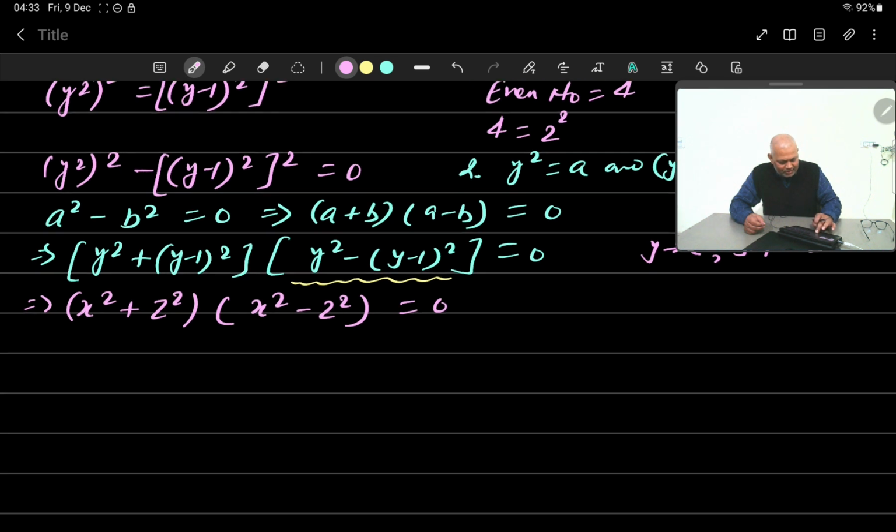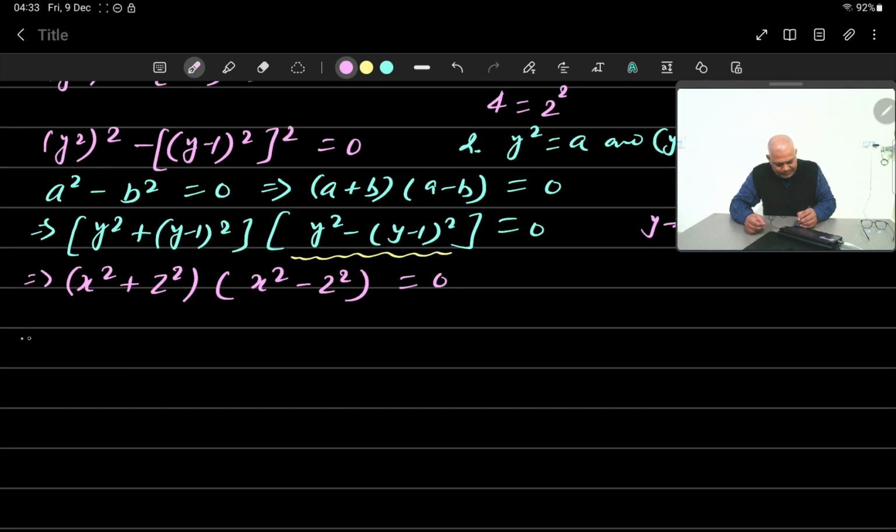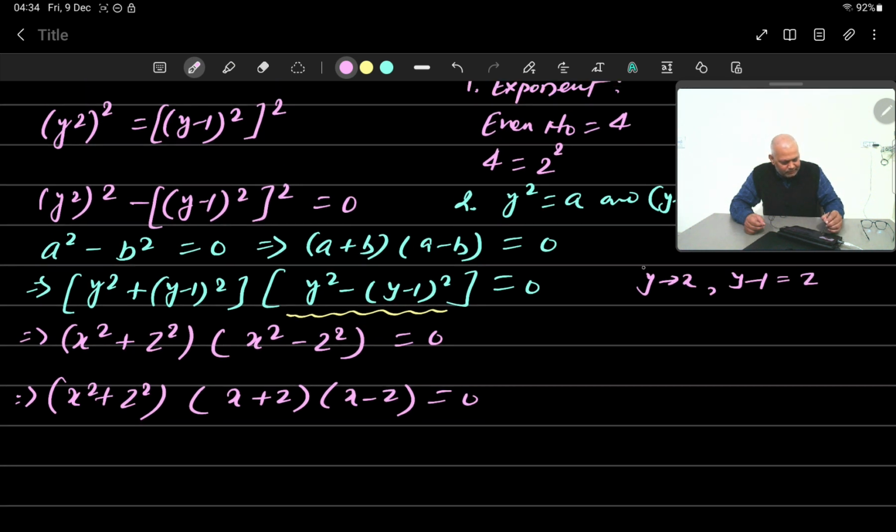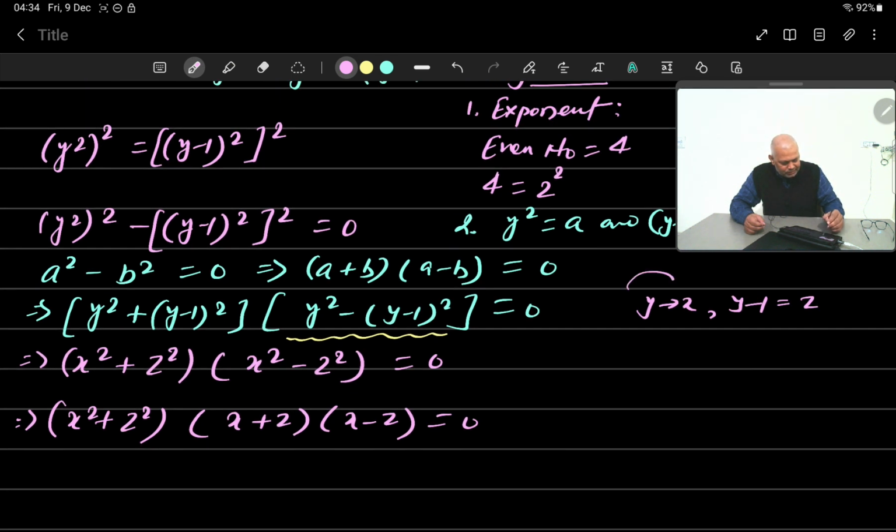Now the question looks very simple. You can break this: x square minus g square is nothing but (x plus g) times (x minus g) equals 0.